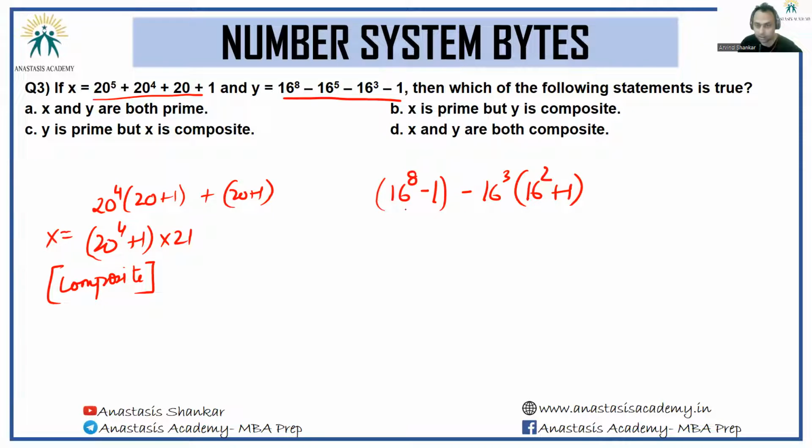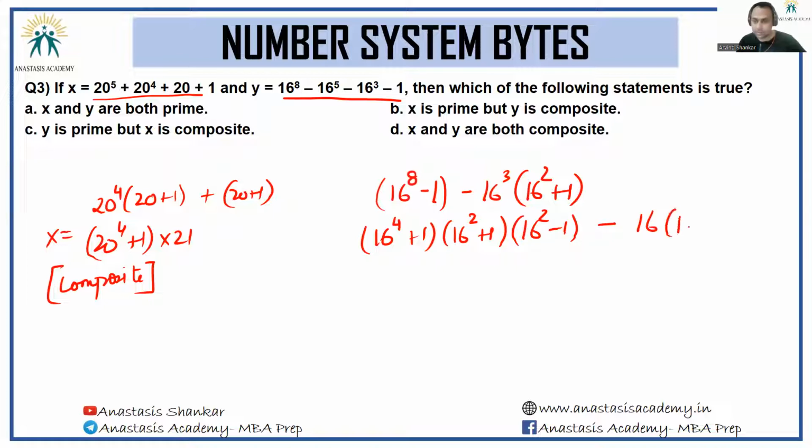Yes, I can break this down as 16 raised to the power 4 plus 1 into 16 square plus 1, 16 square minus 1 minus 16, 16 square plus 1. I can take this portion out.